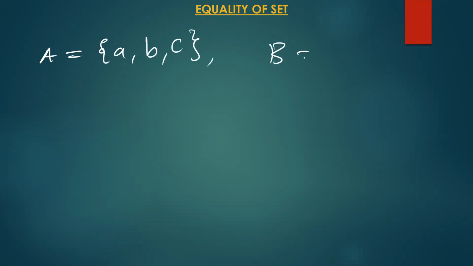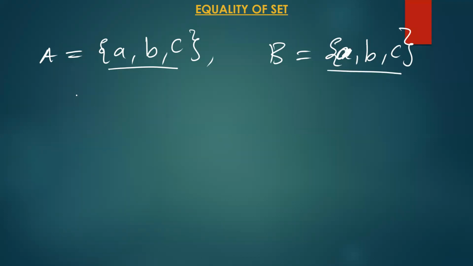So if let's say you have set A being equal to {A, B, C}, then you also have set B being equal to {A, B, C}. So since set A and set B have the same number of elements and they also have exactly the same elements, we can say that A is equal to what?